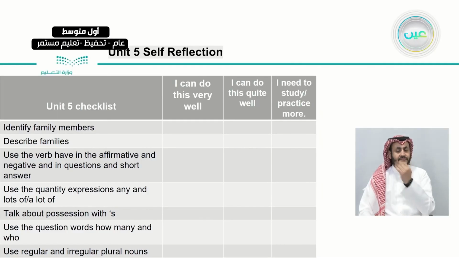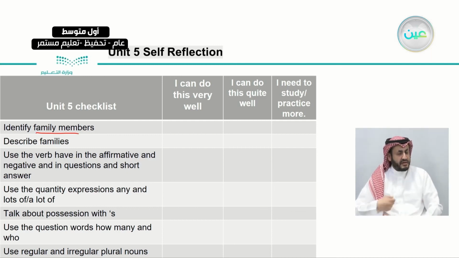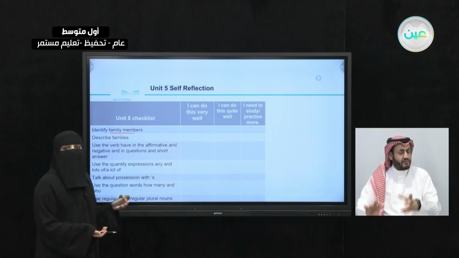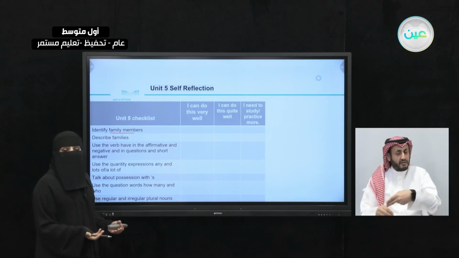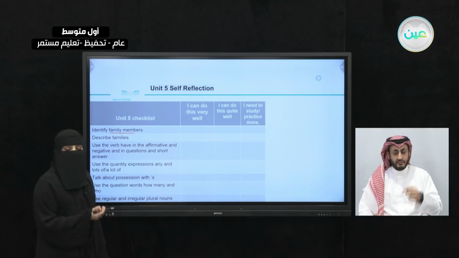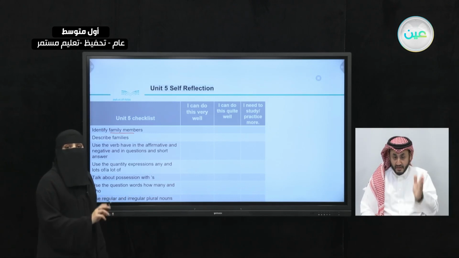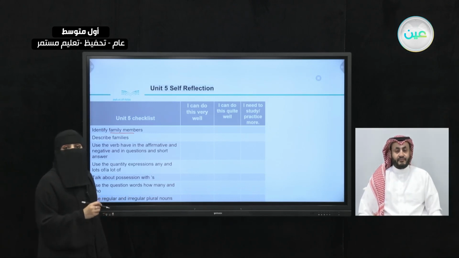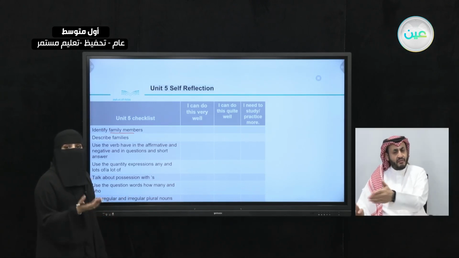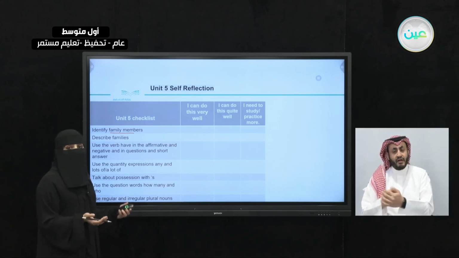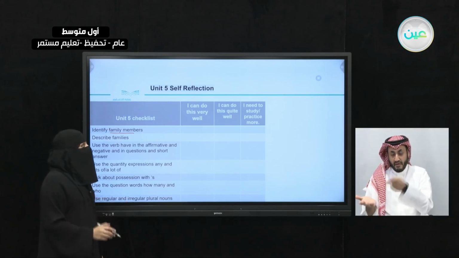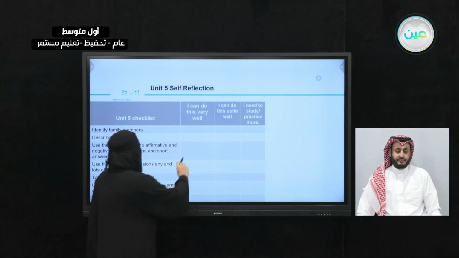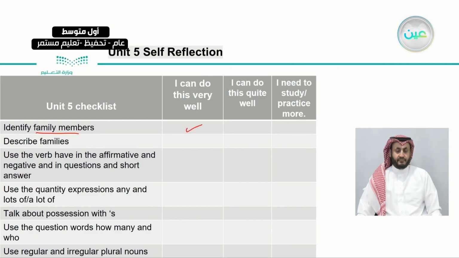How about the first one, identify family members? How was that? Is it easy for you to know who's the nephew, cousin, aunts, uncles? Were you able to do that? Writing it with a correct spelling and knowing who is which. How was that? If you feel that was, I can do this very well, congratulations, put yourself a check right here.